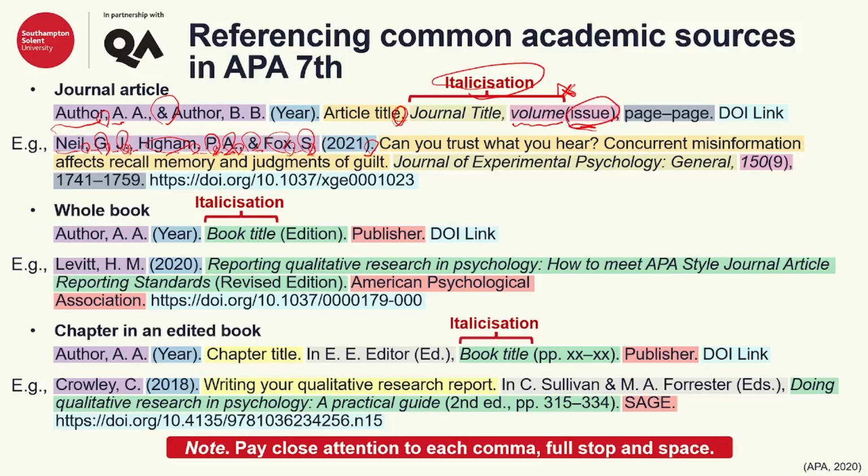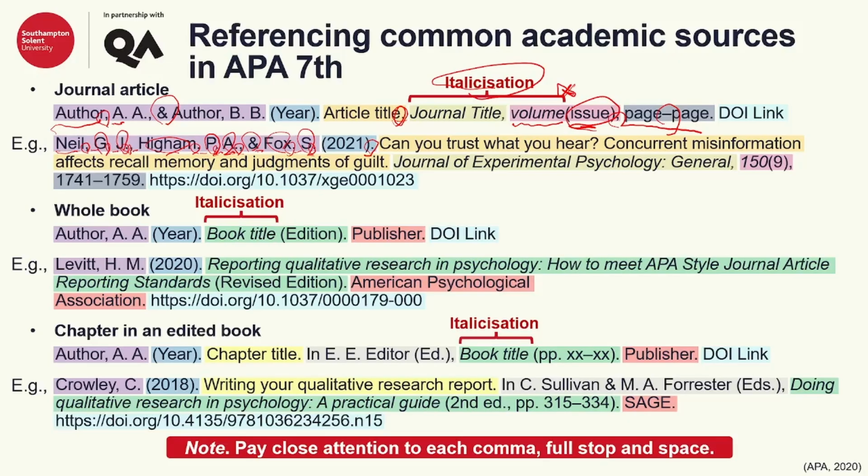A comma then separates the issue number from the page numbers. The page range is not italicized. You should use an en dash between the first and the final page numbers. Finally, include the DOI link when it is available.